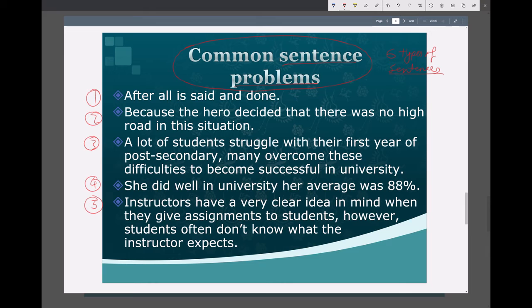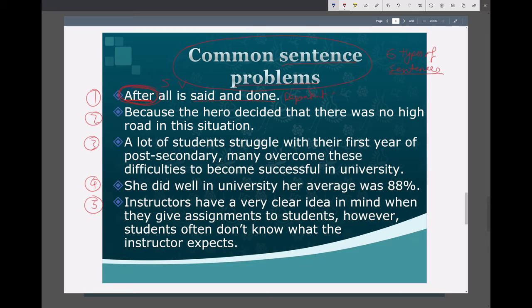Sentence 1 reads, "After all is said and done." Well, we have all, that is a subject, and is, that is a verb, and then said and done, that makes the rest of the sentence. However, we have the word after here. And do you remember what after is? What kind of word? If you said a coordinating conjunction, that's not correct. It's a subordinate conjunction, so here this is actually a dependent clause.